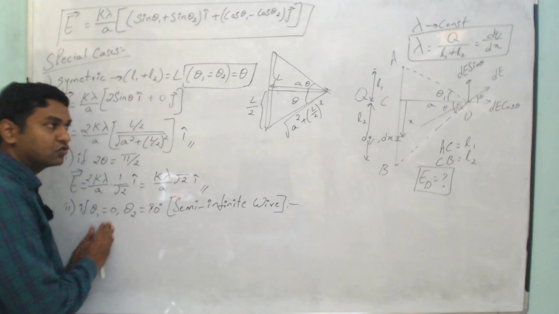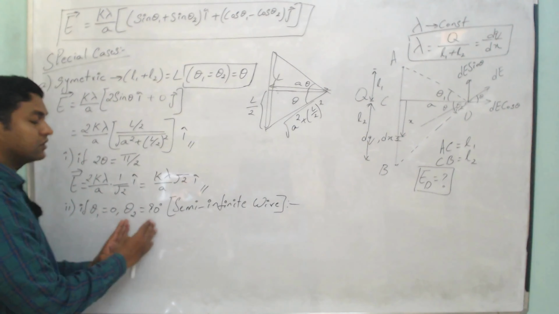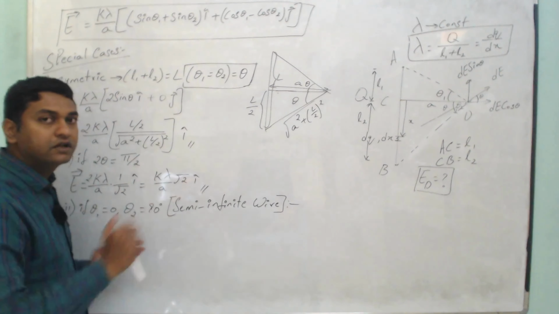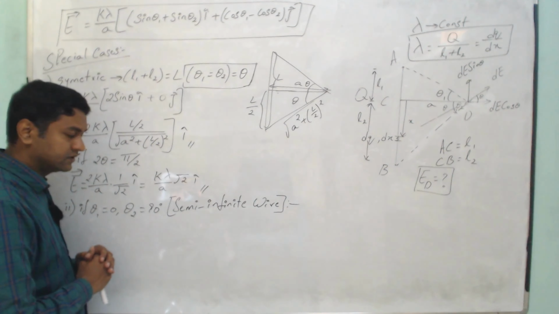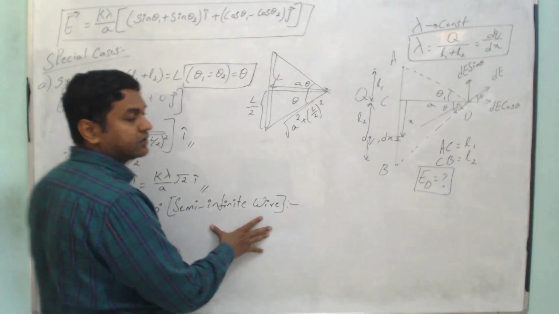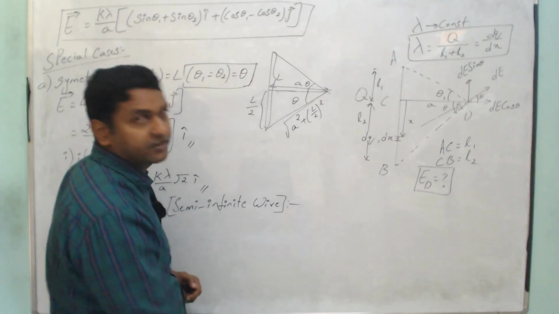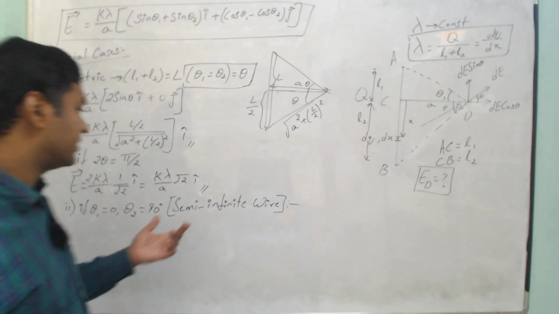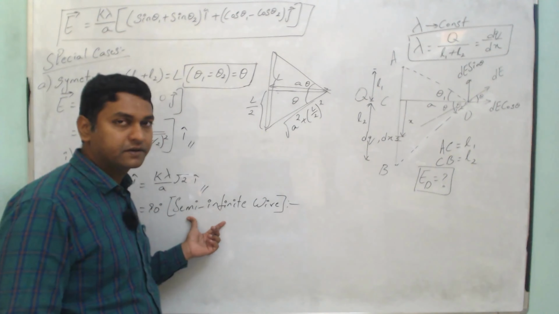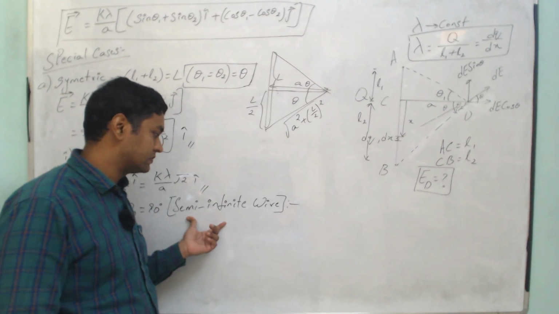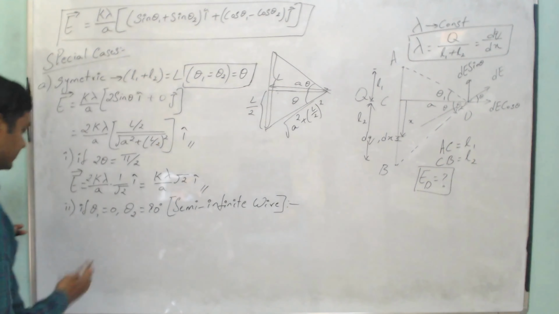Theta 1 is 0, no rod on the upper side. Theta 2 90, rod till infinity. Correct? And that is called semi-infinite wire. That means if I have infinite wire on one side, I can call it a semi-infinite wire. Okay?